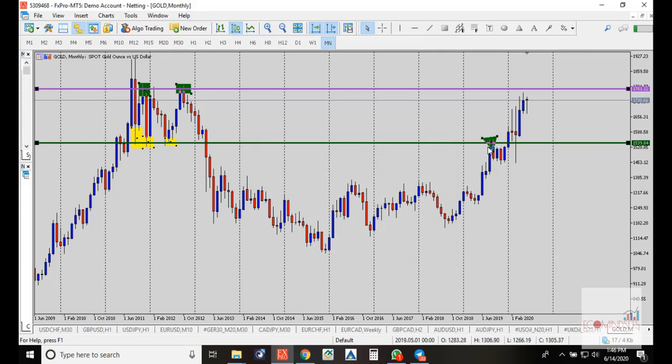Okay, so this area here is no longer a support. This has now become a resistance.